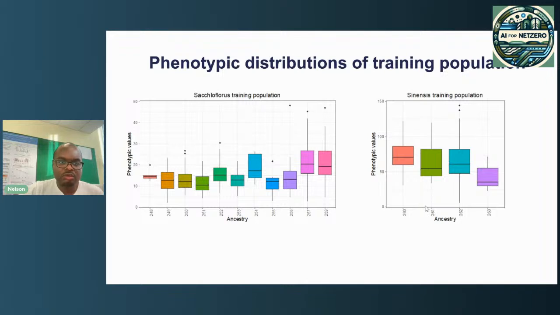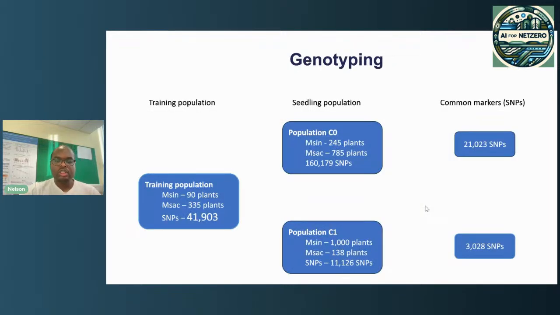Next slide, please. So then for molecular markers, we had both the training population and the seedling population. The two populations that we are interested to predict are the C0 population and the C1 population. So the training population had both the phenotypes and the genotypes.